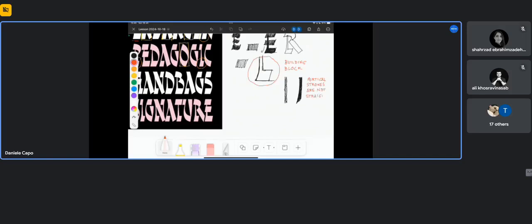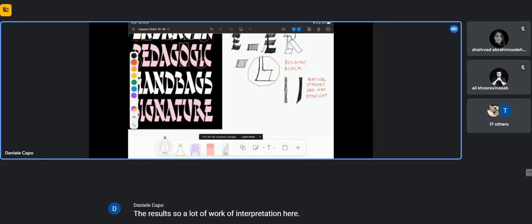There is also a lot of work of interpretation here, and also of invention.